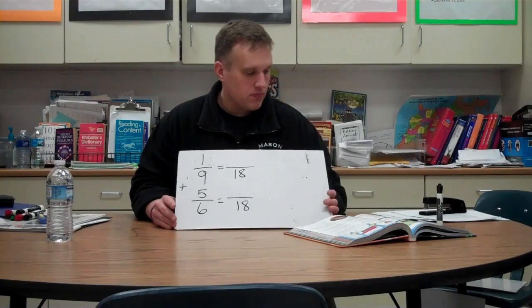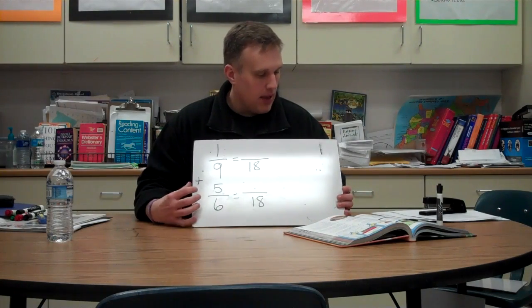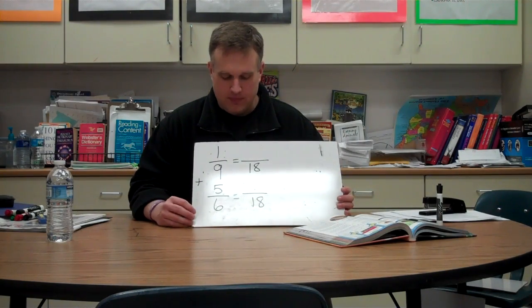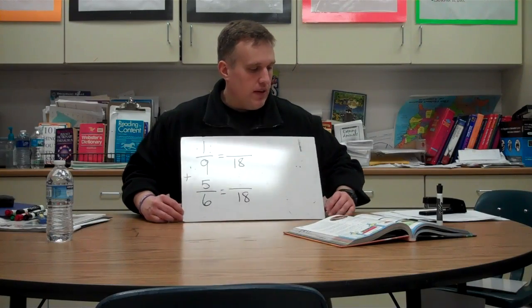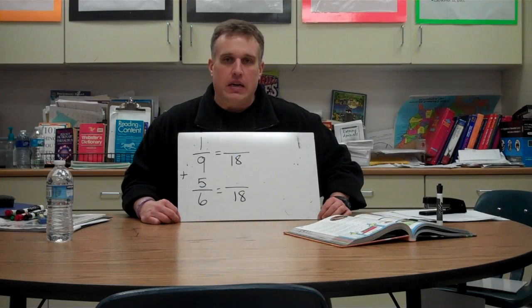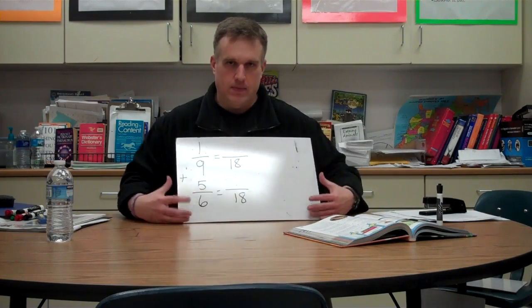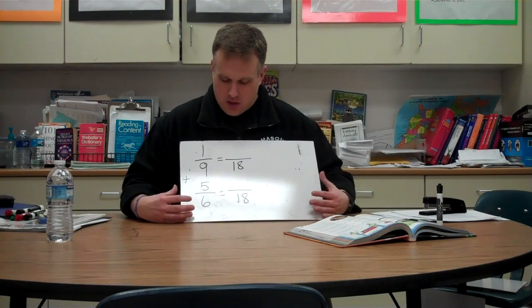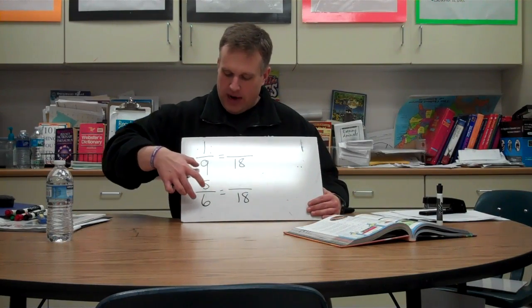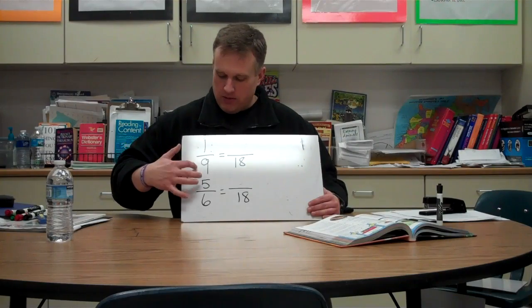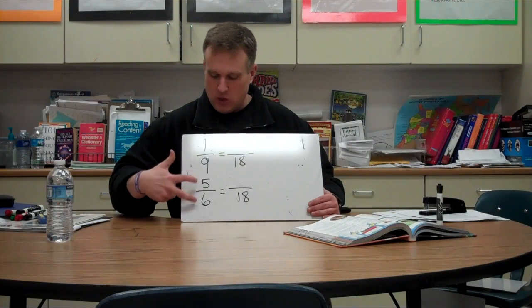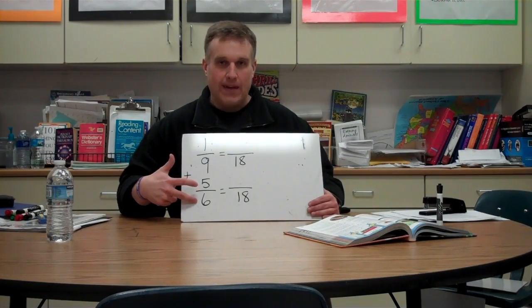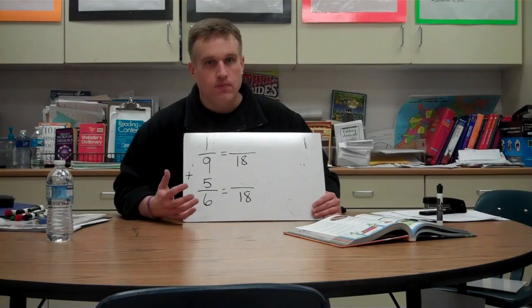Number 7, you have 1/9 plus 5/6. 7 through 10, they already did most of the work for you, because when we add fractions that have unlike denominators, meaning the bottom numbers, if these are not alike, we have to make them alike before we can add or subtract.